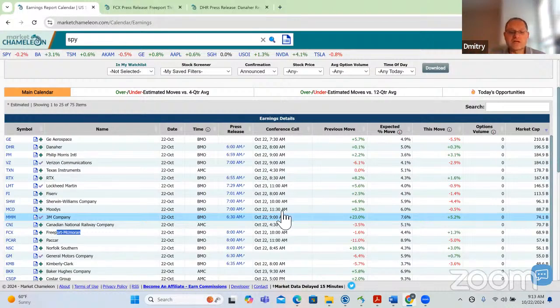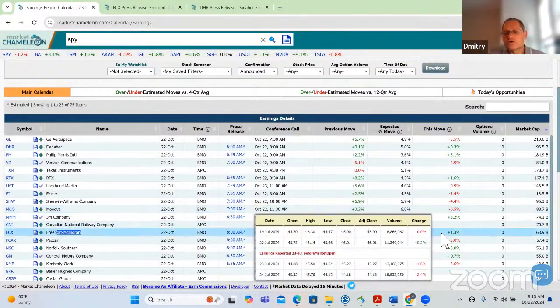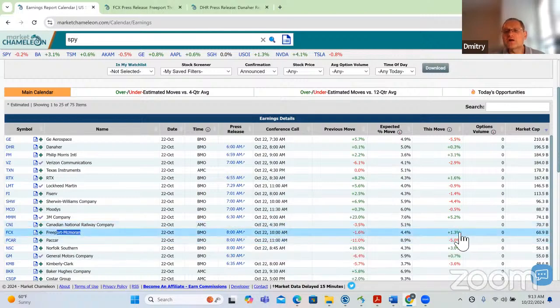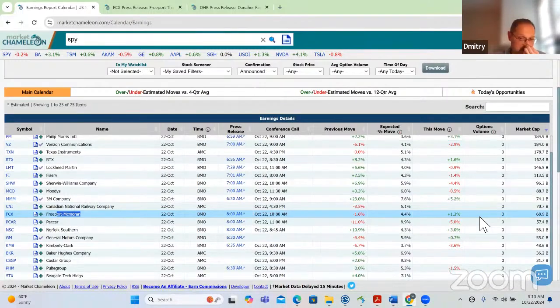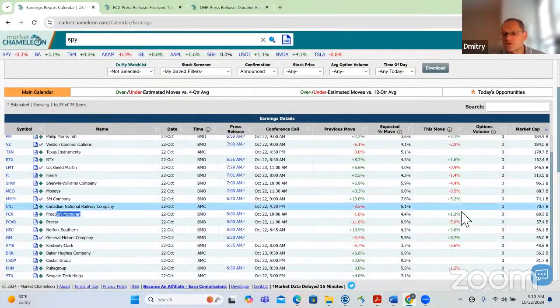Look, if I go all the way to the right, the stock in pre-market is up 1.3%. That's what this move is. As soon as we detect that a press release was issued and they reported earnings, we start tracking what the stock did relative to where it closed prior to earnings. So in the pre-market, it's up 1.3% so far. Okay.